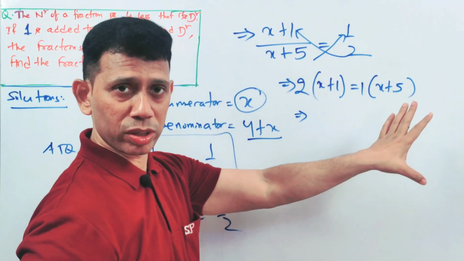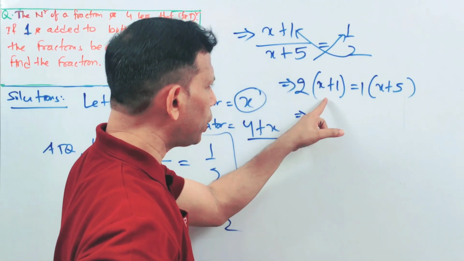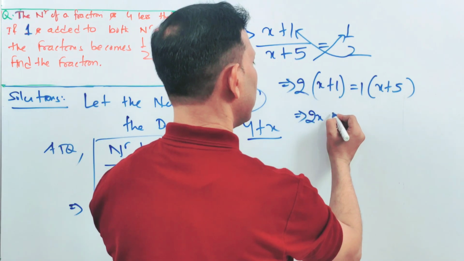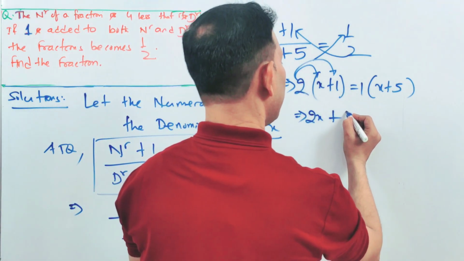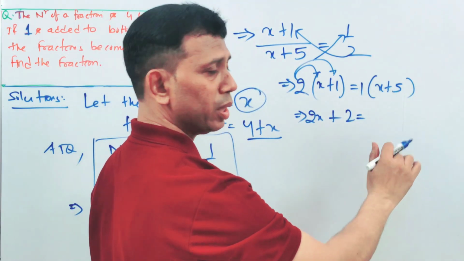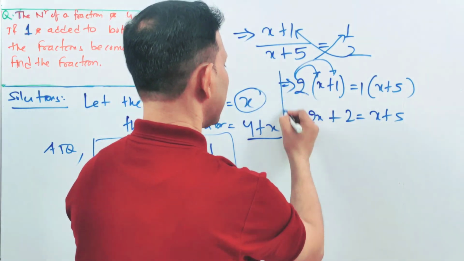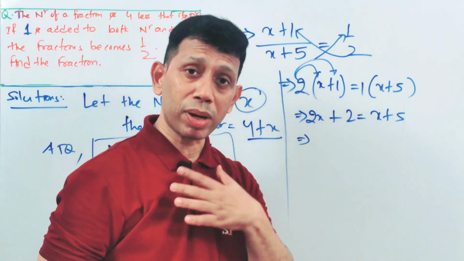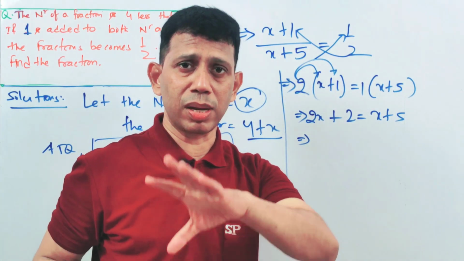Now bracket work again, BODMAS bracket work. So in this bracket, 2 into x plus 2 into 1: 2 into x is 2x, plus 2 into 1 is 2, is equal to 1 into any number is that number itself, so x plus 5. Next, for our convenience, we always keep the algebraic expressions or variables on the left side.